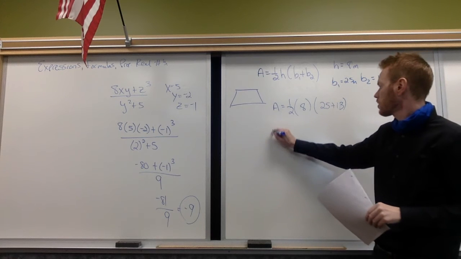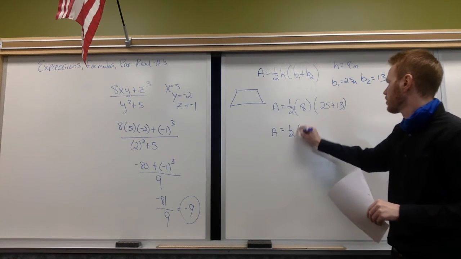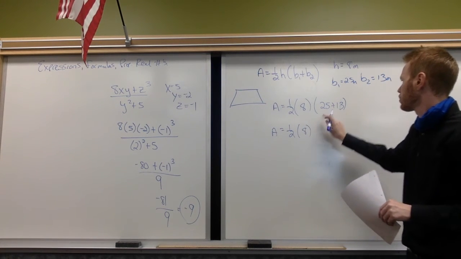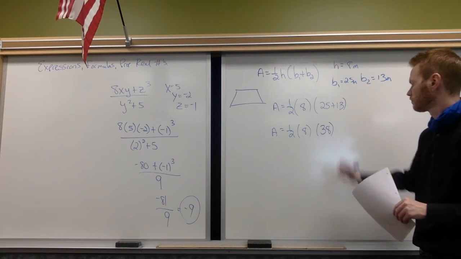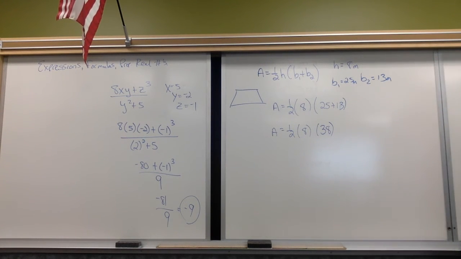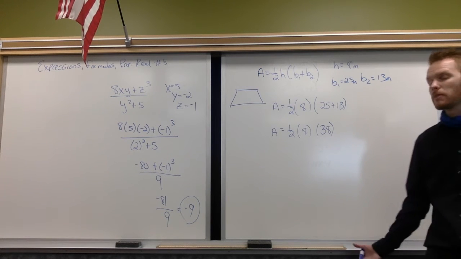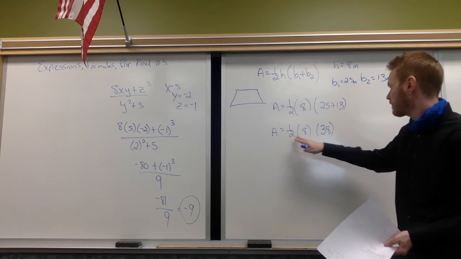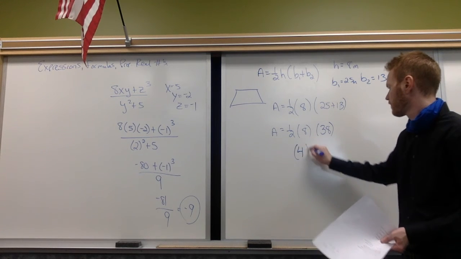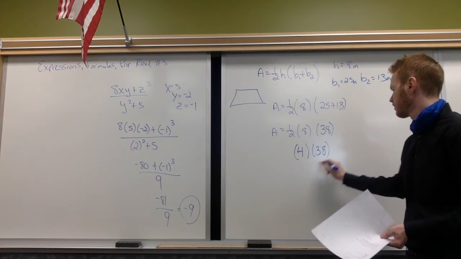Okay, so we're going to solve the parentheses first. So that's going to be the 25 and 13, which gives us 38. Now notice, all we have is multiplication left. So does it matter what order that we do this in? No. So I'll do half of 8, which is 4, times 38.